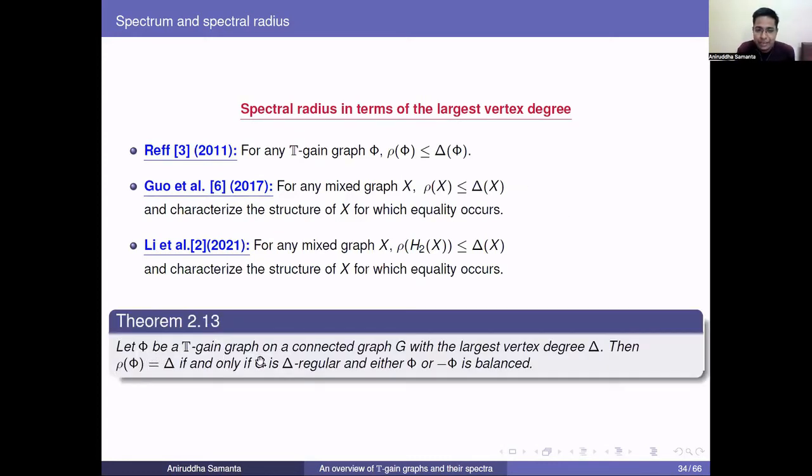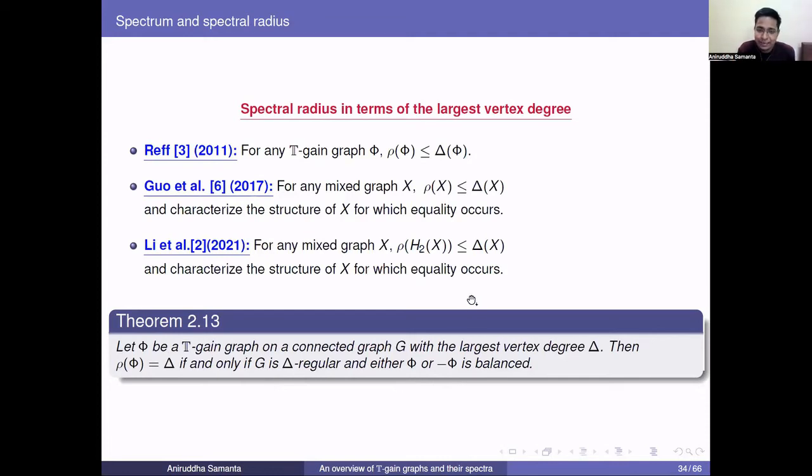Let phi be any T-gain graph on a connected graph G. Then the spectral radius of phi is equal to the largest vertex degree if and only if the graph is delta-regular and either phi or minus phi is balanced.